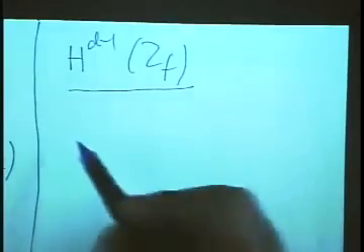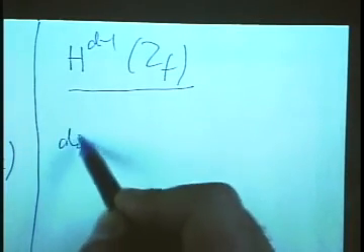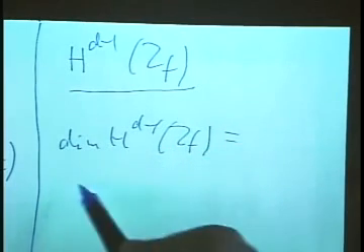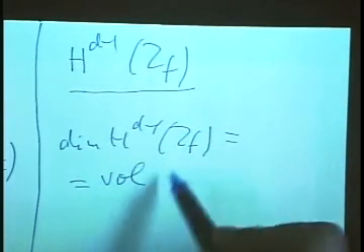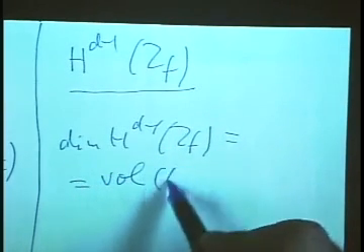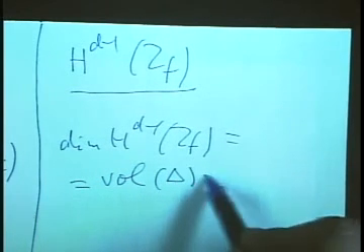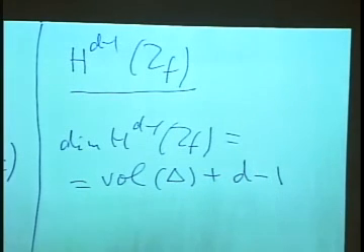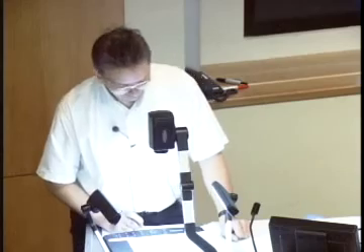So this information lets you make the computation, and the dimension of this will be the volume of the polytope plus, I think, d minus 1. If I'm not mistaken, yeah, d minus 1. Should I check? But I believe it's correct.